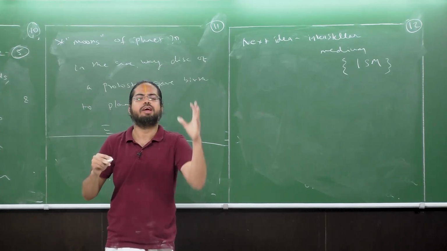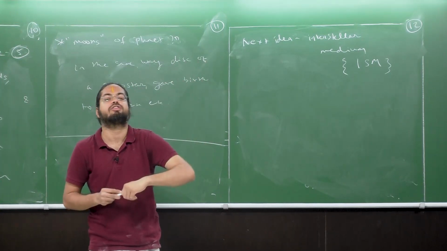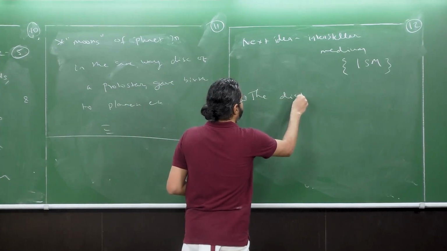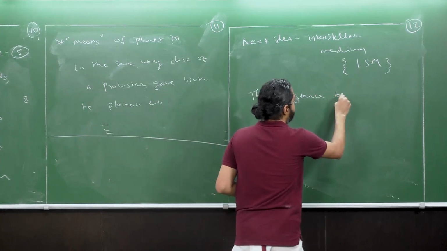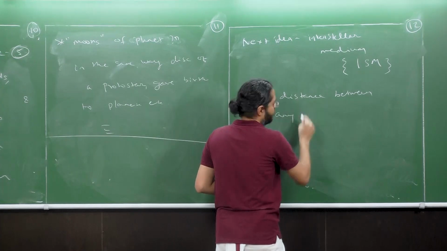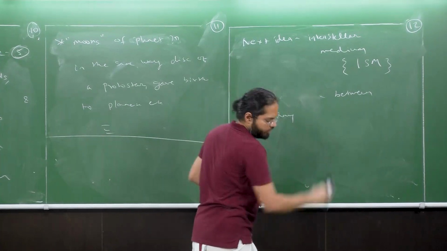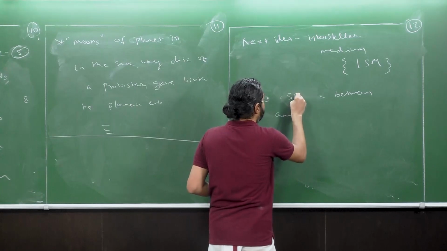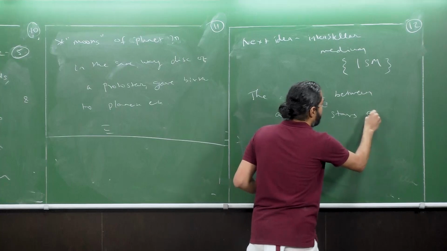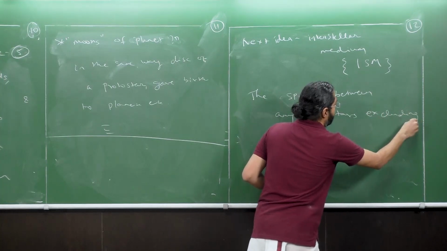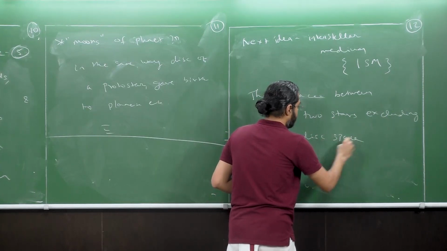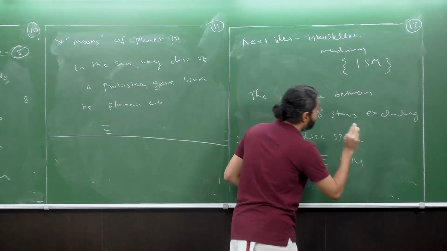So now if we exclude this disk space, the vast space between any two stars, excluding the disk space, is what is called the interstellar medium.